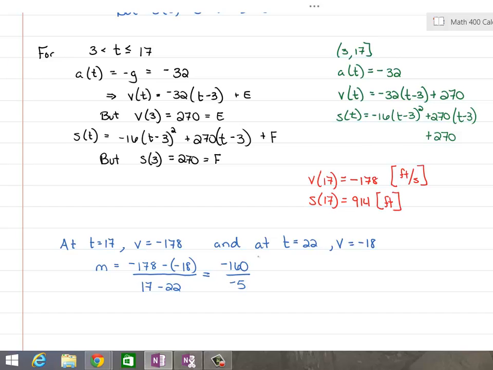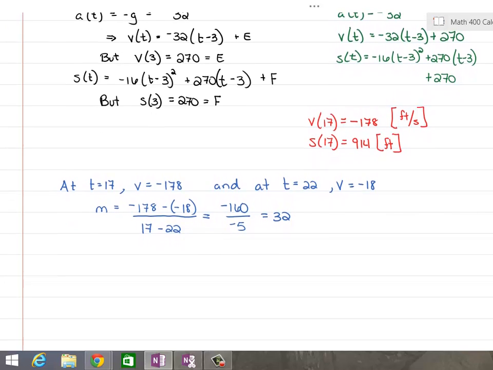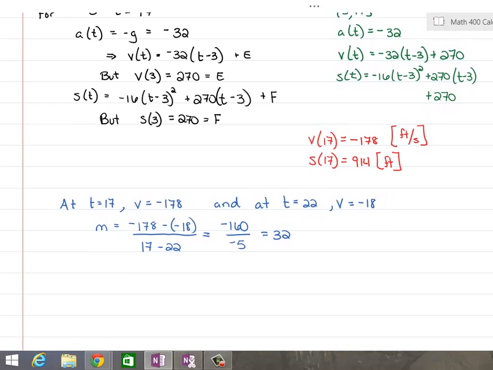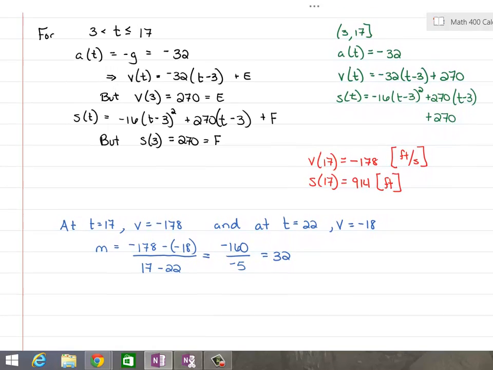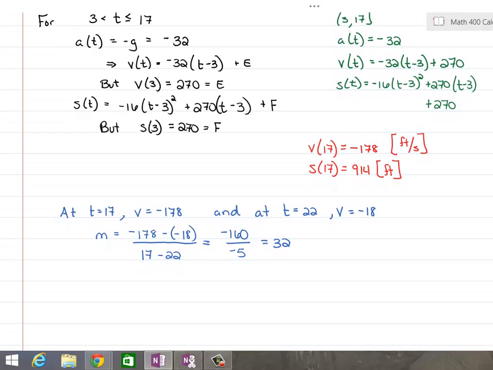And let's see, 32. Is that what it is? Yeah. It doesn't make sense to me for some reason. It's a positive. Yeah, that's right, because it's increasing. Let me just double check. Yes, that makes sense. The velocity is very negative, and it increases to be not so negative over a 5-second period.